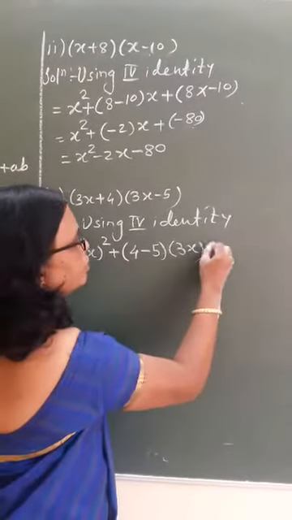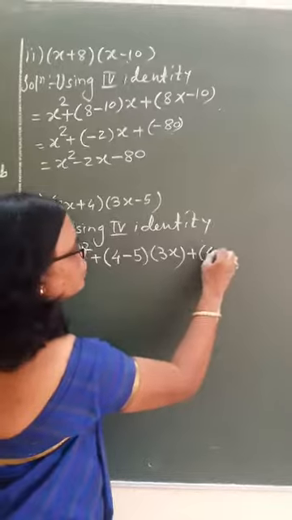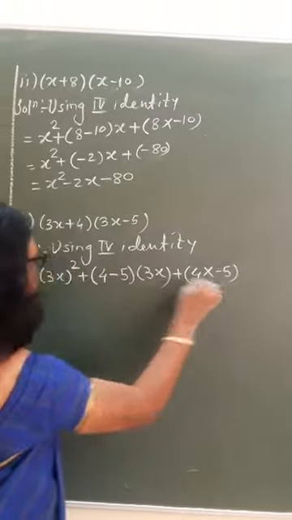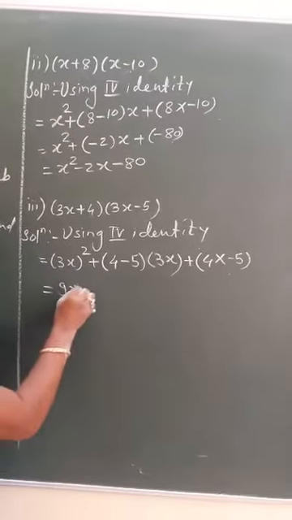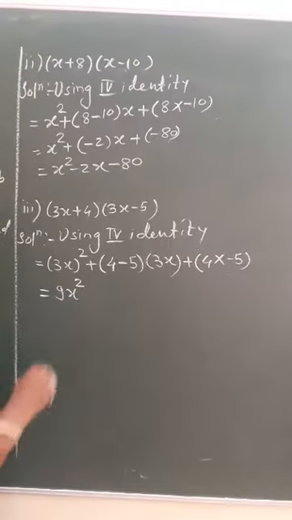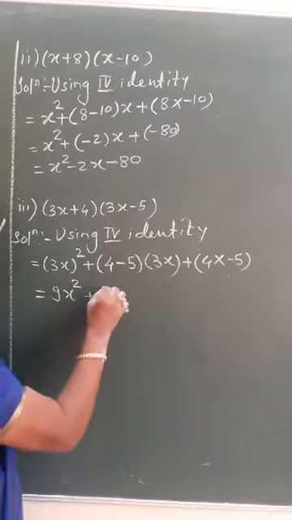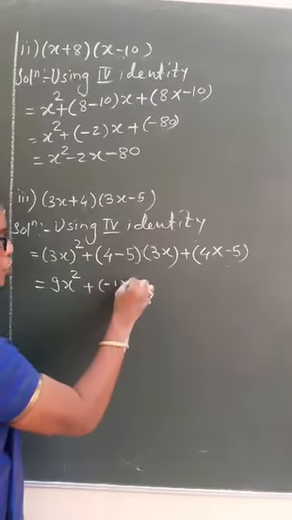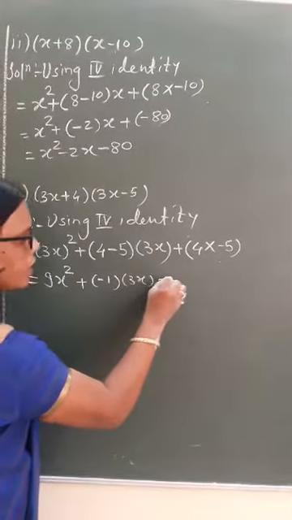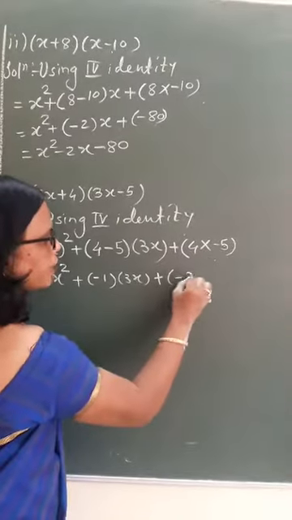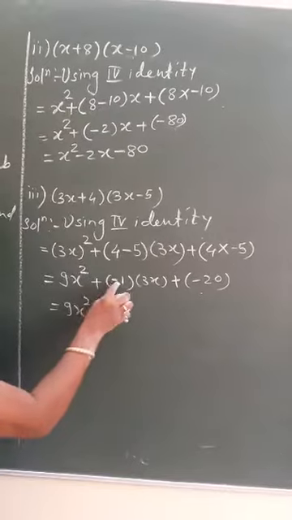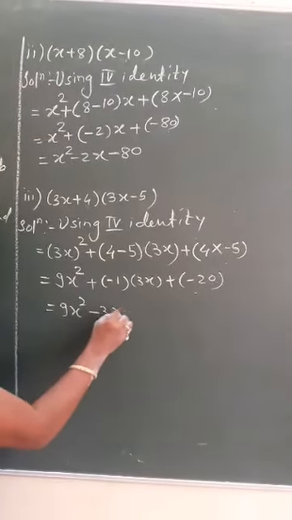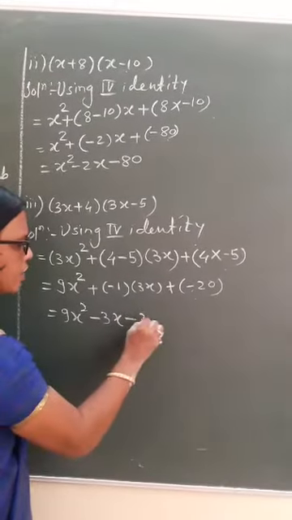And here plus, the next term is 4 into minus 5. So 3x whole square, 3 square is 9 into x square, 9x square plus 4 minus 5 is minus 1 into 3x. And plus 4 fives are 20, means minus 20. So we get 9x square minus 3x minus 20.